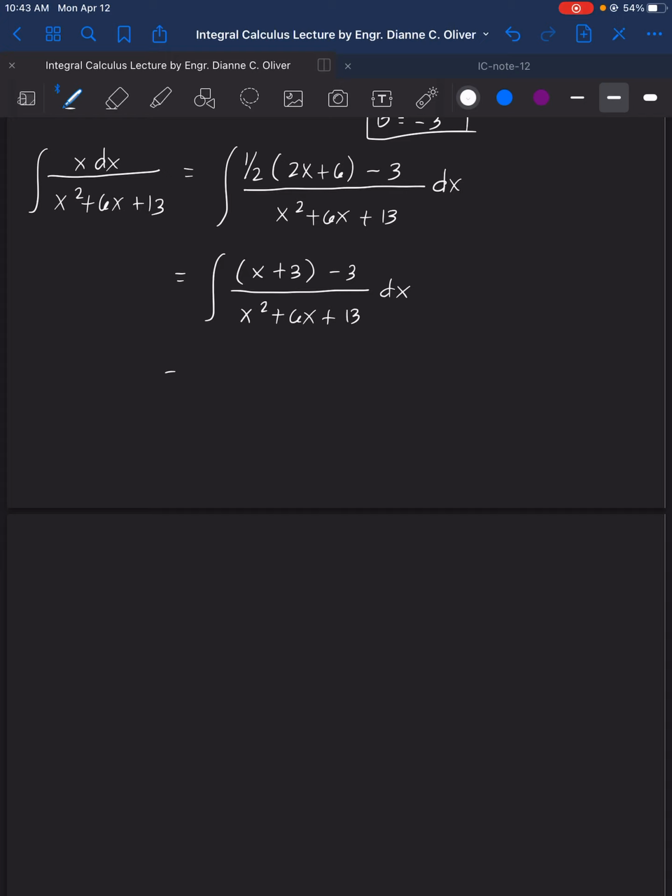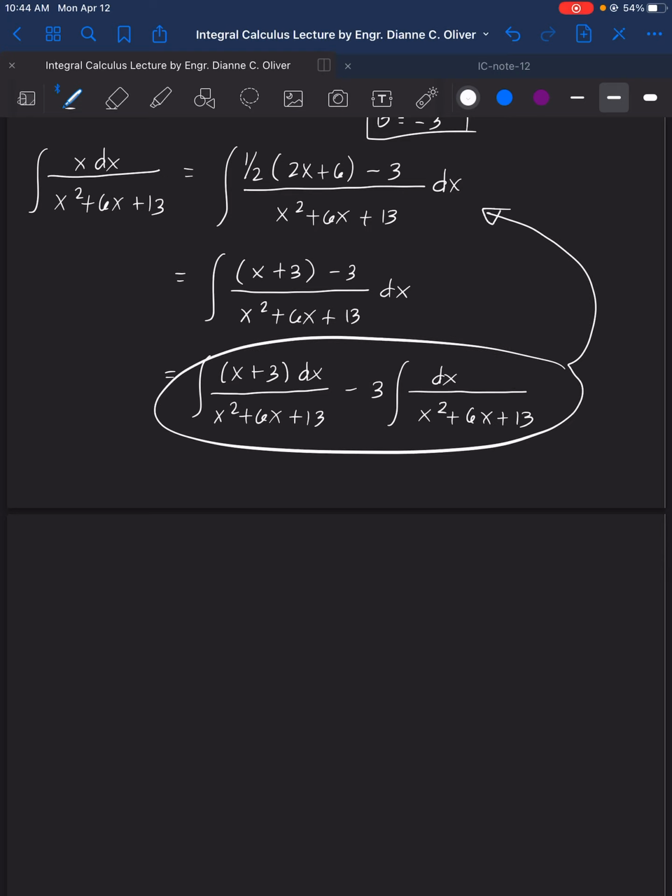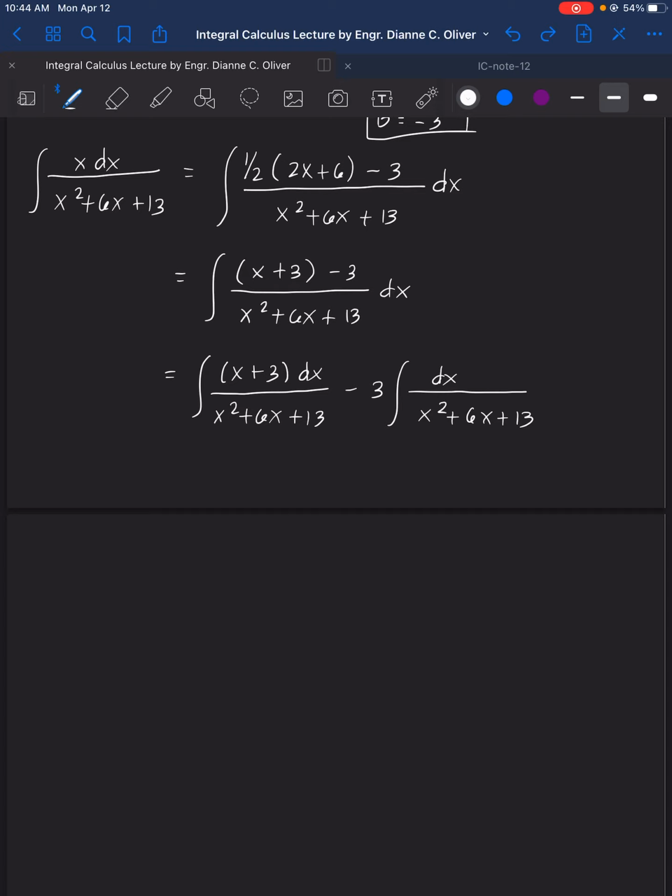Separate them. So integral of x plus 3 dx all over x squared plus 6x plus 13 minus 3 dx over x squared plus 6x plus 13. This will still go back to the original equation.